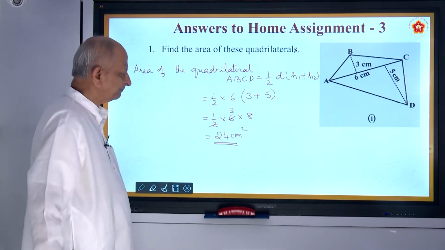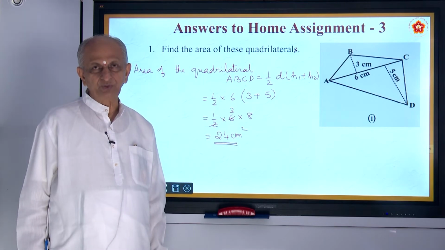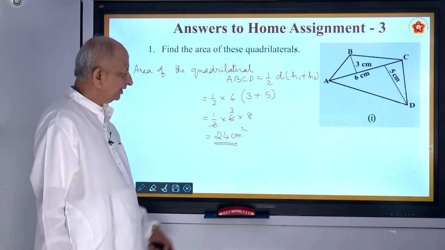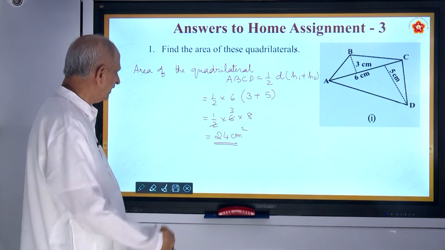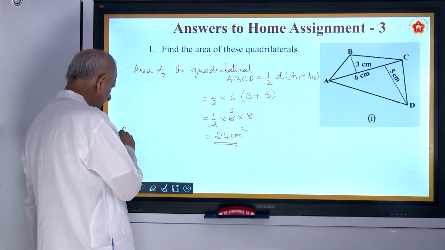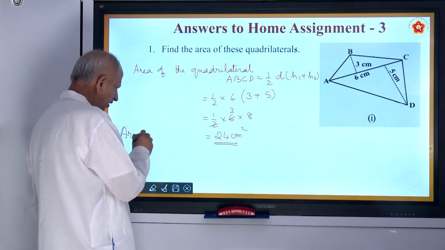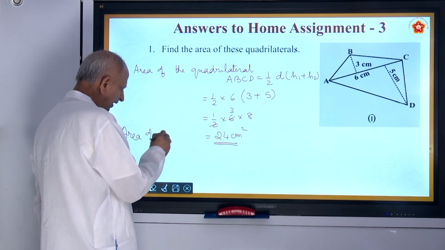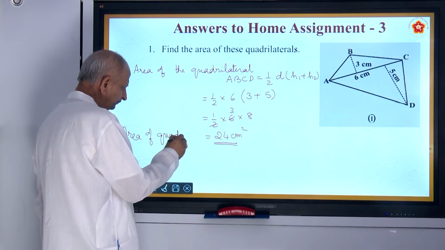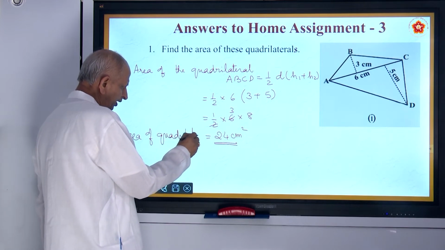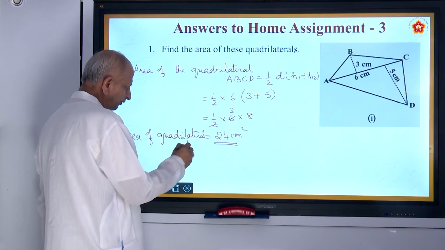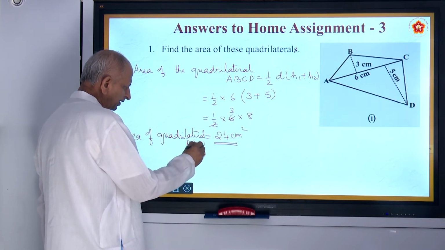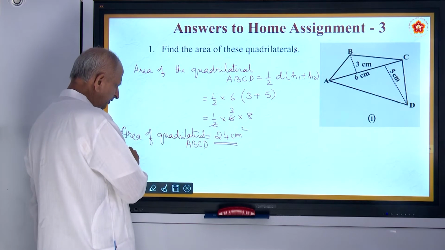Area is always expressed in terms of square units. Because it is in centimeters, the answer must also come in square centimeters. So, you can write: area of quadrilateral ABCD is equal to 24 square centimeters, that is the answer.